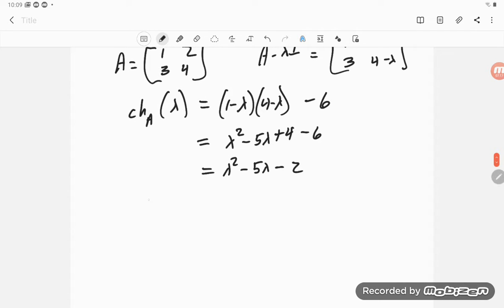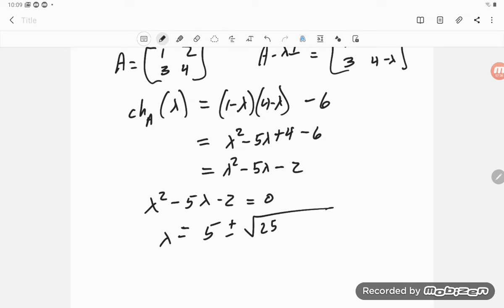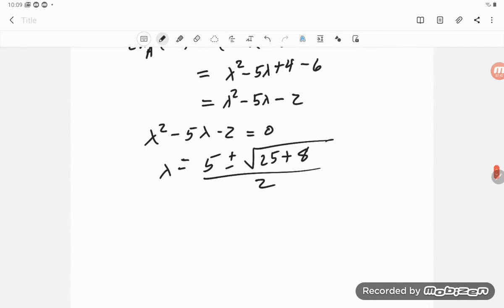Now our characteristic equation would be lambda squared minus 5 lambda minus 2 is equal to 0. And so in this case, lambda equals 5 plus or minus the square root of 25 plus 8, all over 2.